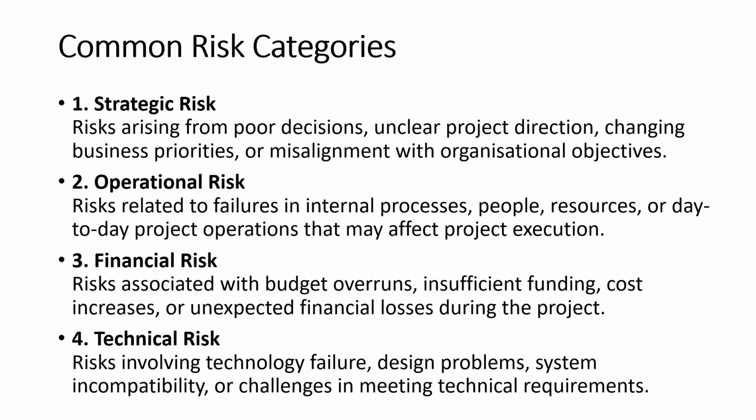So what we can see here is that risks do not only come from external events. They can also come from decisions, operations, finances, and technical factors within the project itself. That is why risk categories are useful. They help project managers to think more broadly and identify risks that might otherwise be missed.